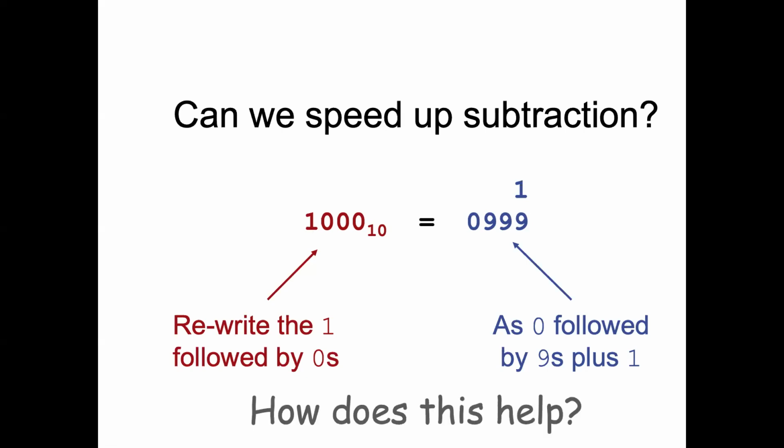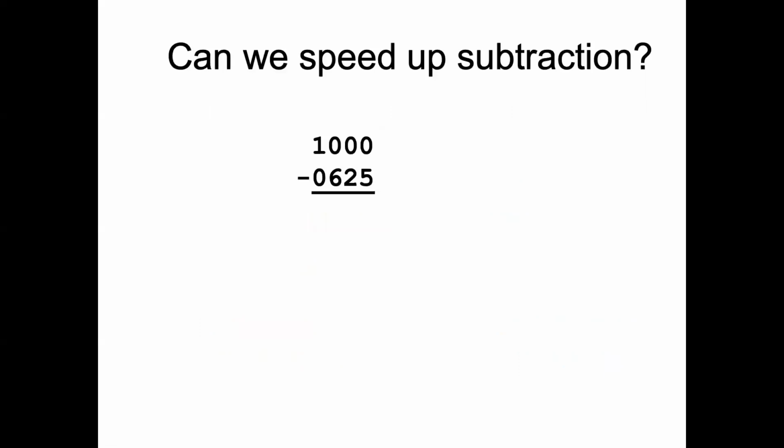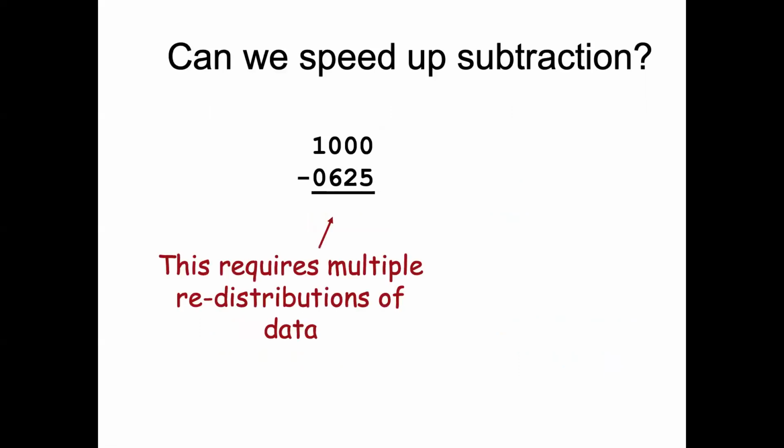How does this help? Well, if we were doing decimal subtraction, we could rewrite this 1,000 as 999 plus 1. And then when we're subtracting this 625 from it, all of these 9s are going to be easier to subtract from because we've gone ahead and borrowed from this 1 over here on the right.